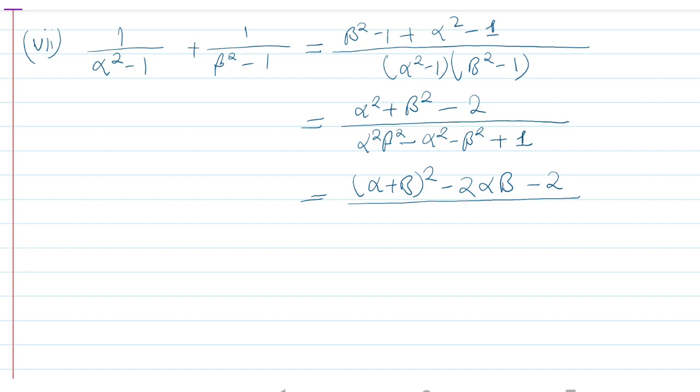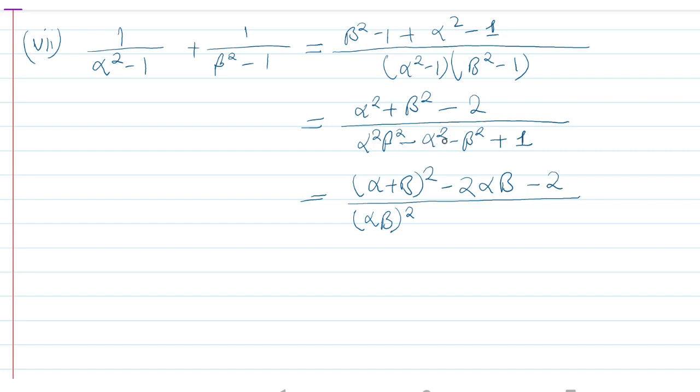In the denominator, alpha squared beta squared is just the same as alpha beta squared.